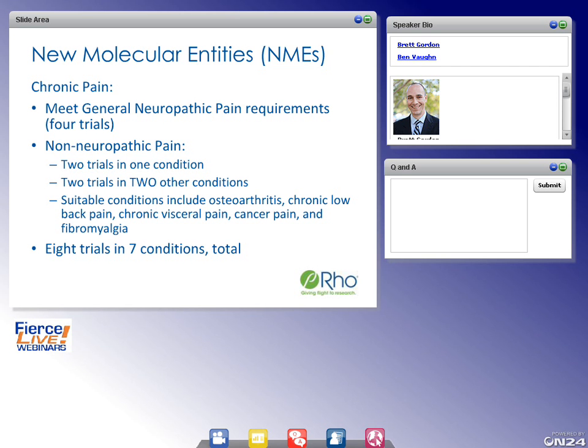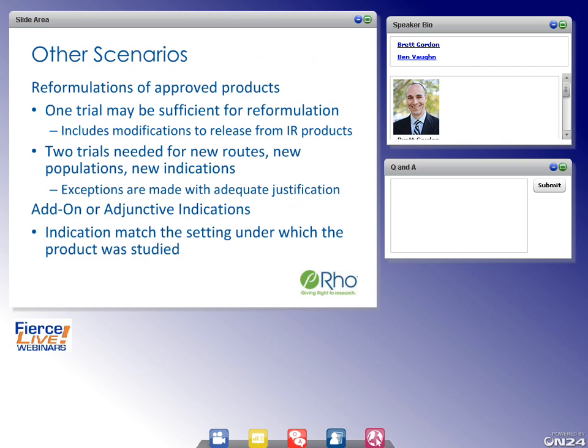So for other scenarios, these are just kind of taking existing products and changing them a little bit. Reformulations of approved products, if you are going the 505(b)(2) route, 1 trial may be sufficient, and that would include modifying an immediate release product to get it long-acting extended release. 2 trials are going to be needed for new routes, new populations, new indications.